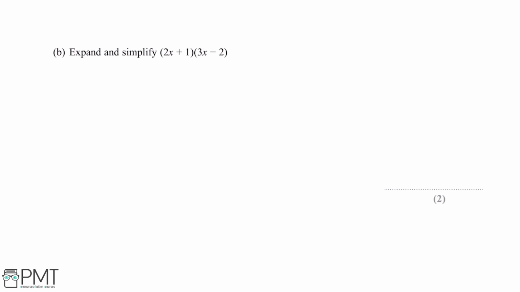Expand and simplify 2x plus 1 multiplied by 3x minus 2. So in order to do this question, it can sometimes be helpful to draw arrows. So these arrows show which terms we need to multiply together. So we can first start off with 2x multiplied by 3x.